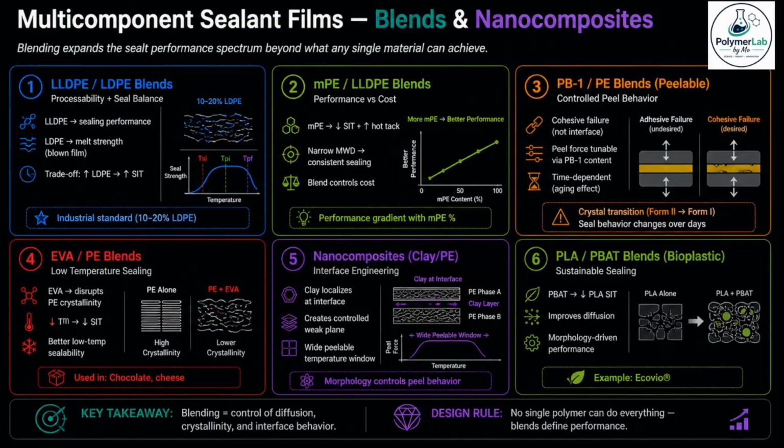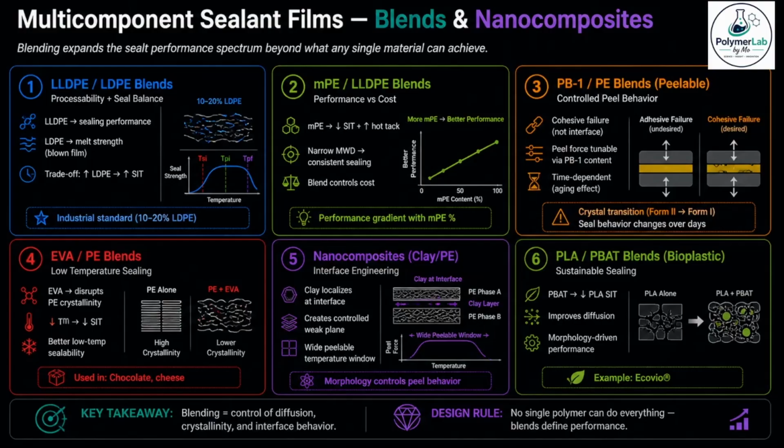LDPE, on the other hand, provides the melt strength and flow stability needed for blown film processing. The trade-off: LDPE delays seal initiation slightly because its long chain branches slow diffusion, but the processing benefit is worth it, and the effect can be compensated with slightly higher jaw temperature.